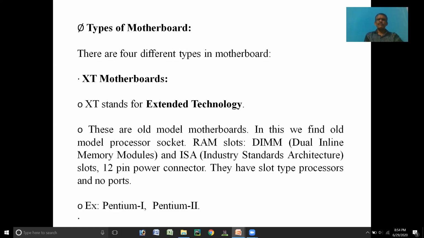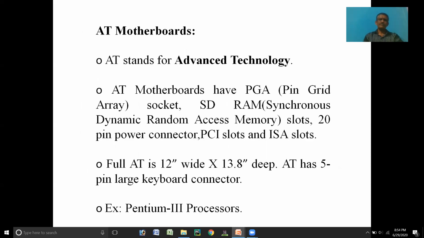Then we'll go for the second type of motherboard called AT motherboards. AT stands for advanced technology. AT motherboard means advanced technology motherboards.